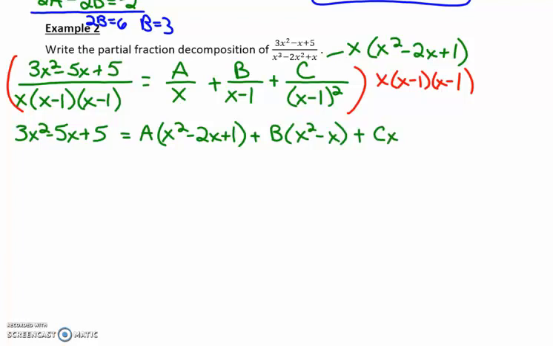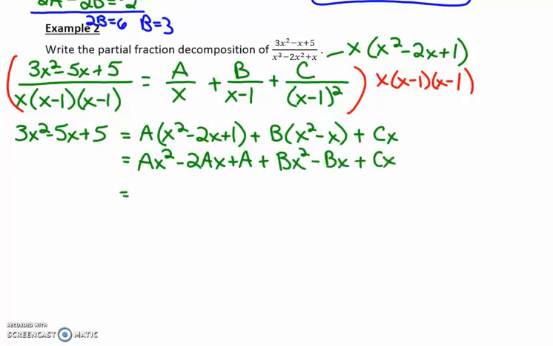So then we can simplify that sum. So we get Ax squared minus 2Ax plus A plus Bx squared minus Bx plus Cx.